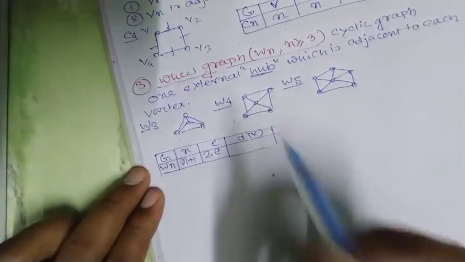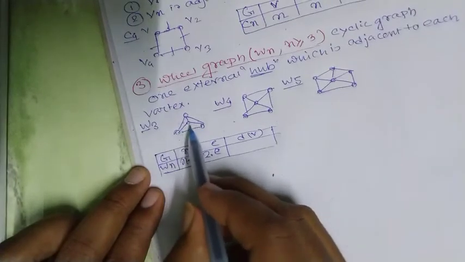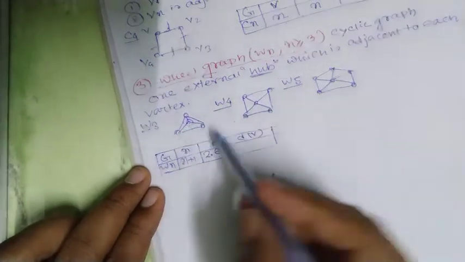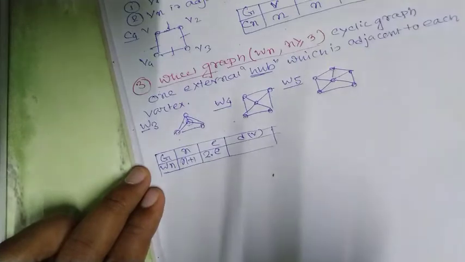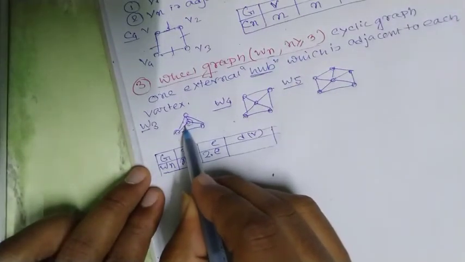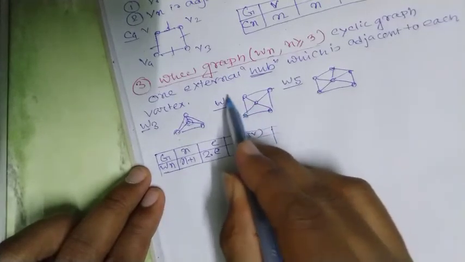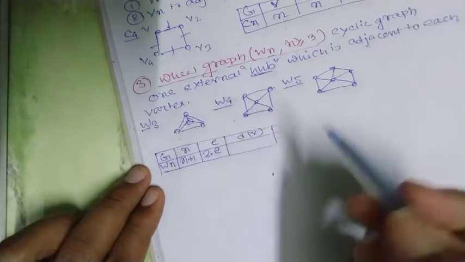And what is the degree of vertex? For the hub node, the degree of the vertex must be equal to the order of the wheel graph. Like for this hub, what is the degree? 1, 2, 3. For this hub, what is the degree? 1, 2, 3, 4, which is equal to the number of rim vertices here.